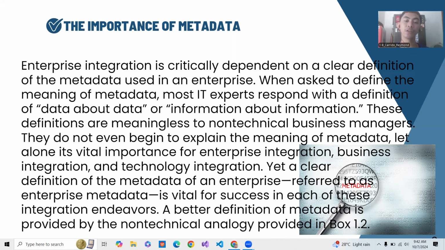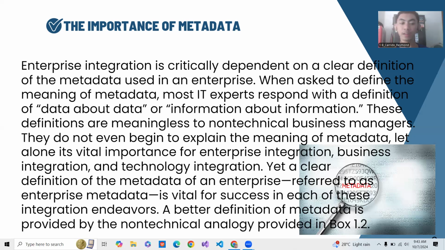These definitions are meaningless to non-technical business managers. Why? They do not even begin to explain the meaning of metadata, let alone its vital importance for enterprise integration, business integration, and technology integration.